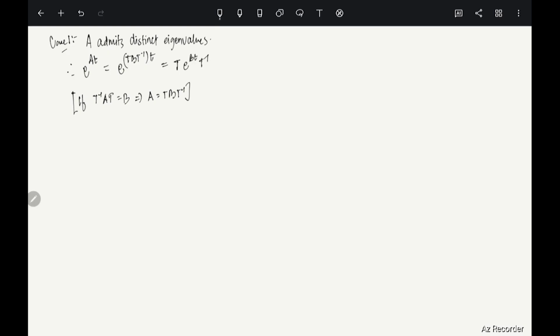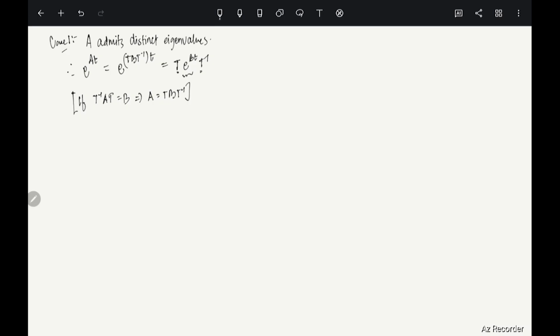So if one can find out what T is, what T inverse is, then you just have to calculate what e power Bt is. Clear? Once you know what e power Bt is, then you can put everything together and calculate e power At.